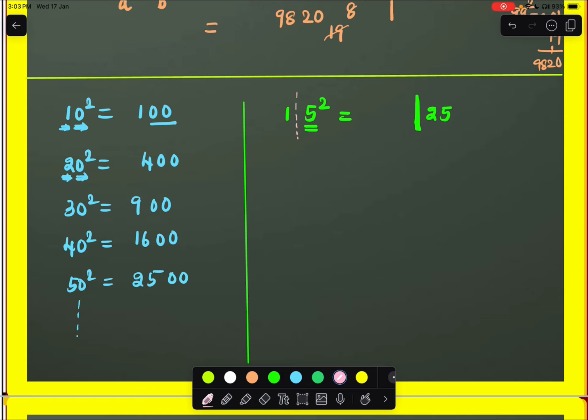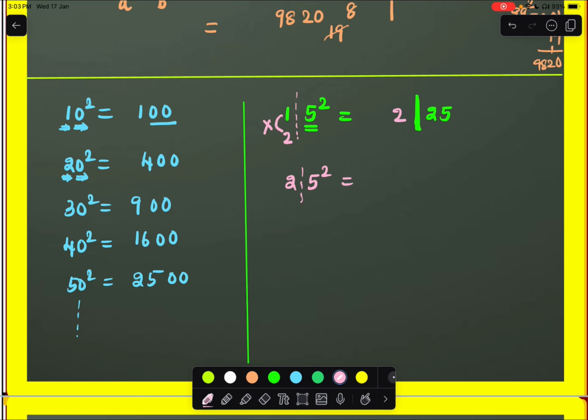Break your number into two parts, 5 and the part other than 5. For the leftmost part, take the number other than 5 and multiply it by the next integer. So 15 square: 1 into 2 gives 2, so its value equals 225. And 25 square, same thing. Break your number into two parts.